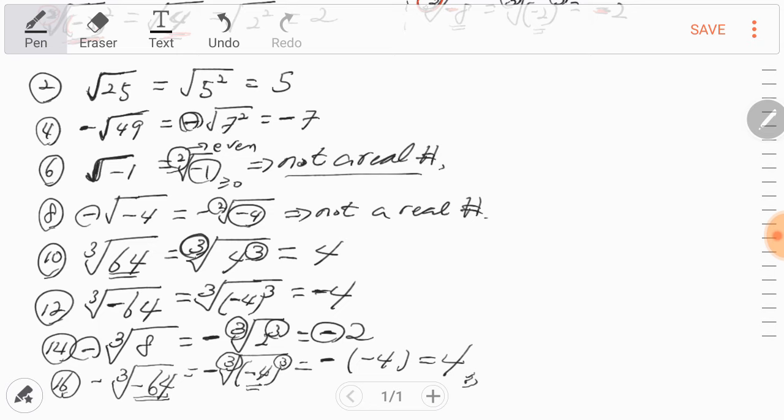So always when you simplify a radical, the index is positive, something to the nth power. If n is even, then what?